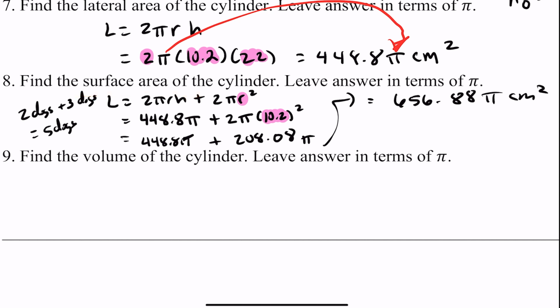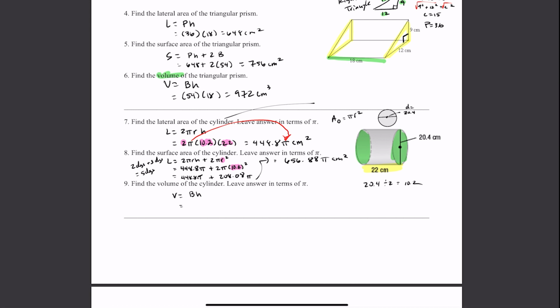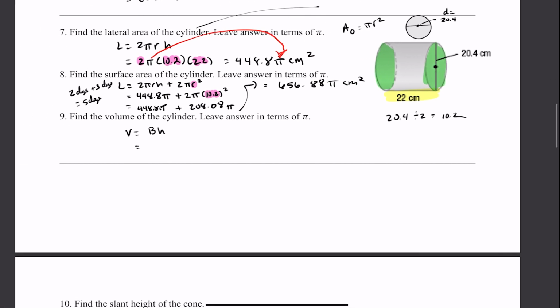All right, so now let's take a look at the volume. The volume is going to be the area of the base multiplied by the height of the prism. Did we figure out the area of the base? I don't think we did. Nah, we did. I didn't specify it, but let's do it again.